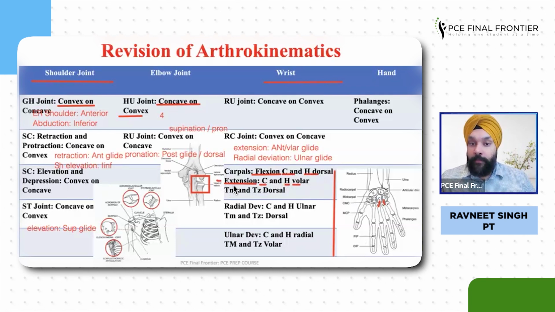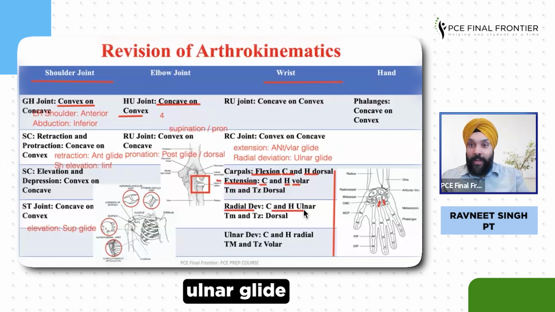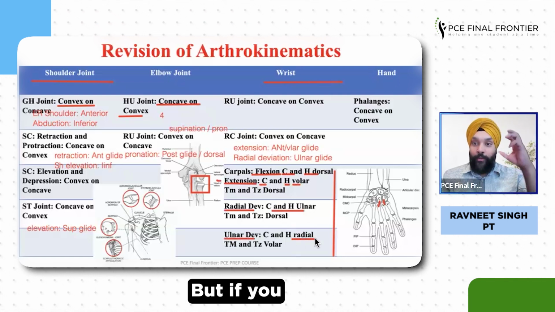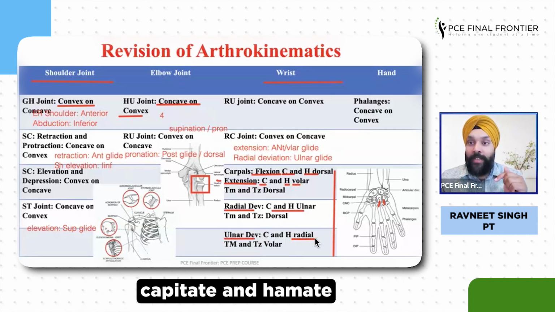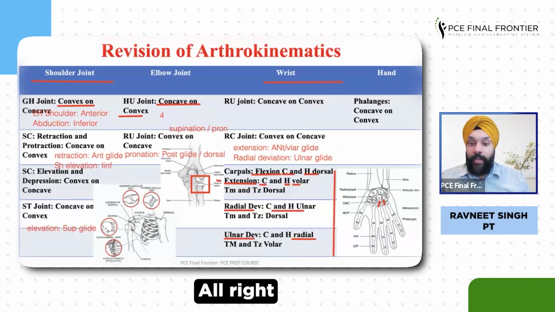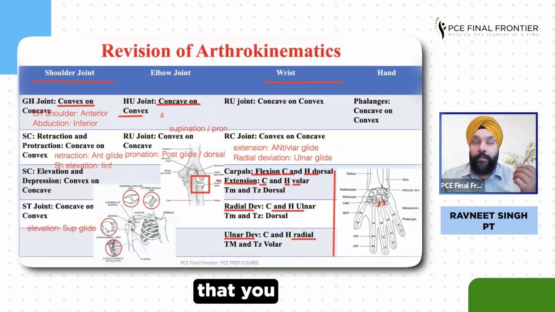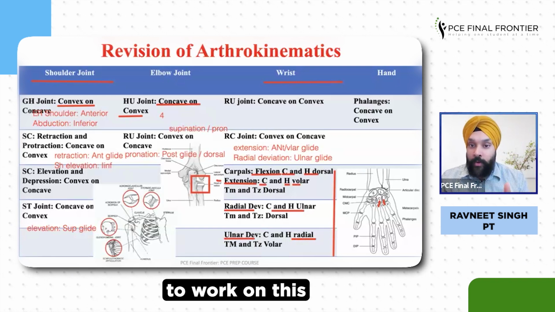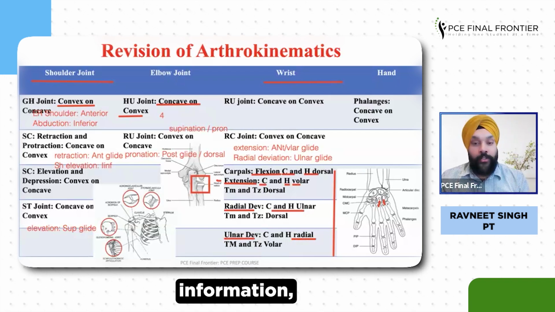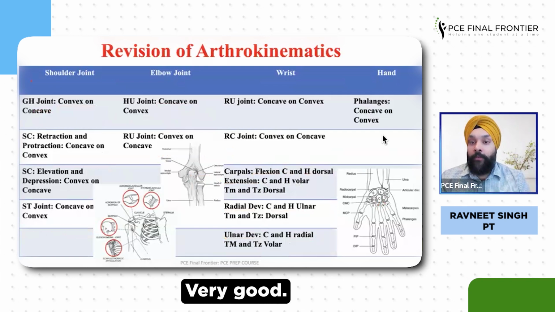Okay. For radial deviation, it's going to be the same thing. It's going to be ulnar glide. And for ulnar deviation, it's going to be radial glide. But if you think of CH, capitate and hamate, are going to be moving more. All right? Because a slight movement, and again, it's something that you want to work with the hand therapist on. So I wouldn't worry much about it, but just for your information, this is something that's easy to remember. Okay, very good.